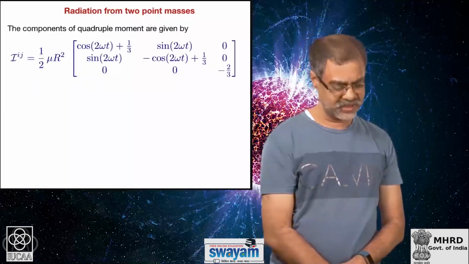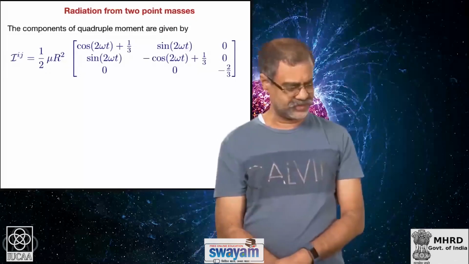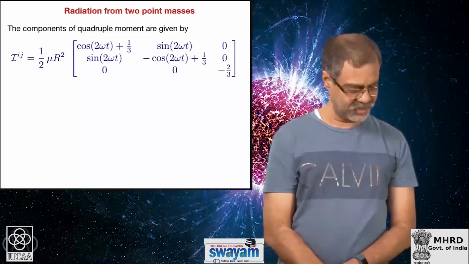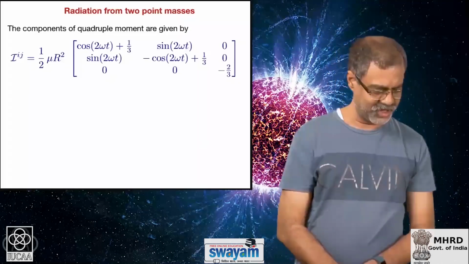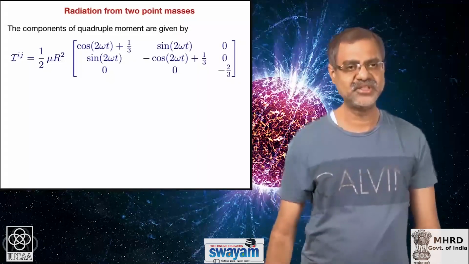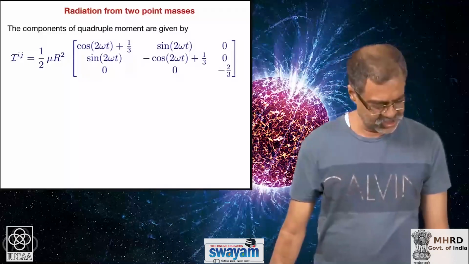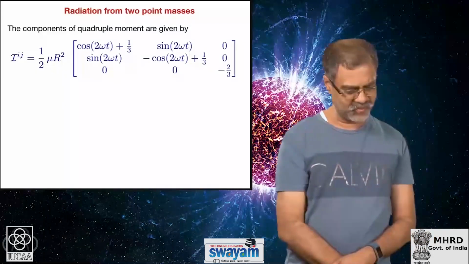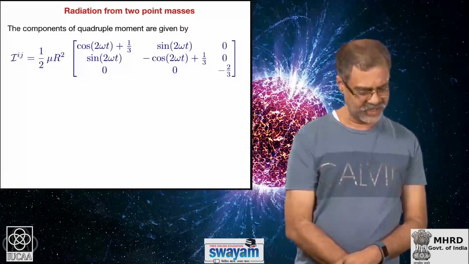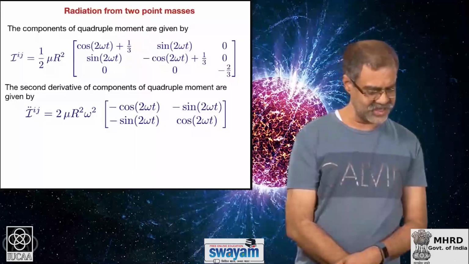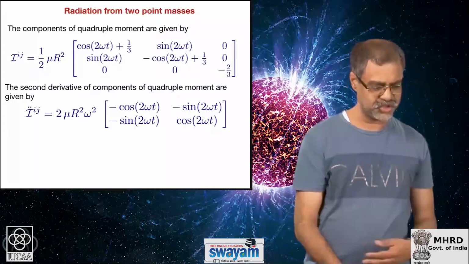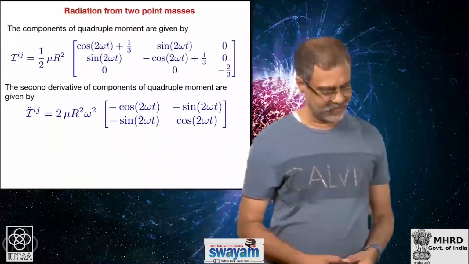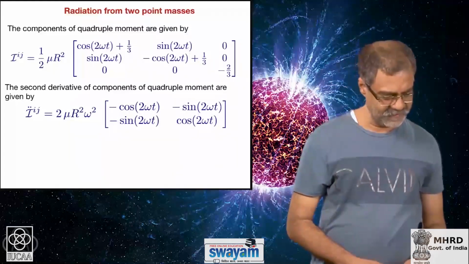And once you have the moment of inertia, you can also calculate the quadrupole moment of these two point masses, which is also given by this equation. You should see that it is essentially reduced from the moment of inertia tensor, and you can find the second derivative of this, which needs to be directly plugged into the radiation formula or quadrupole formula.